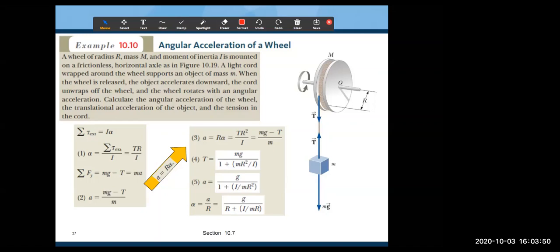It is related to the angular acceleration by A equals R times alpha. That would be on page 17 of your lecture notes. Tangential acceleration is equal to the angular acceleration times the distance, not divided by it.